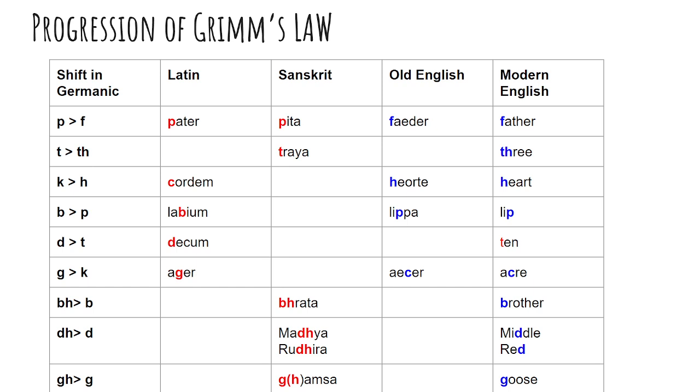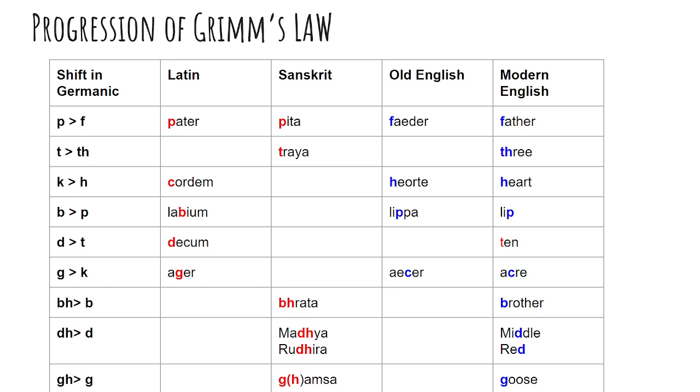The second level of changes is in the voiced plosives b, d, and g becoming p, t, and k respectively. In Latin, we have the word labium, which is lip in Modern English.